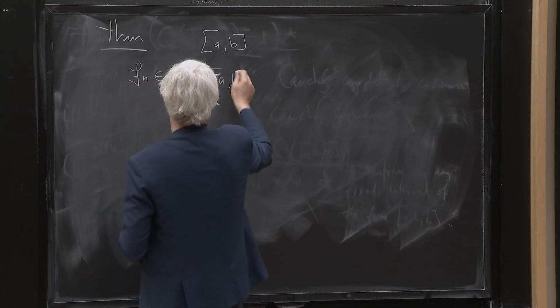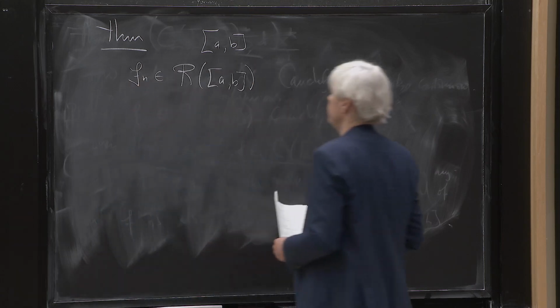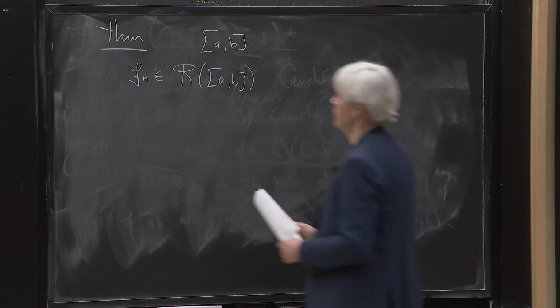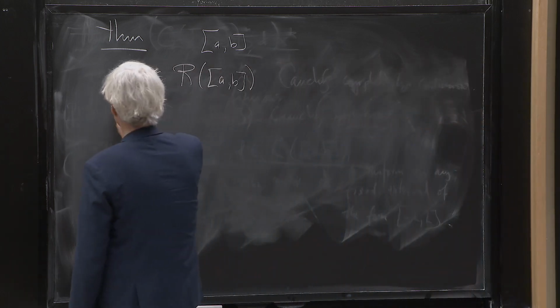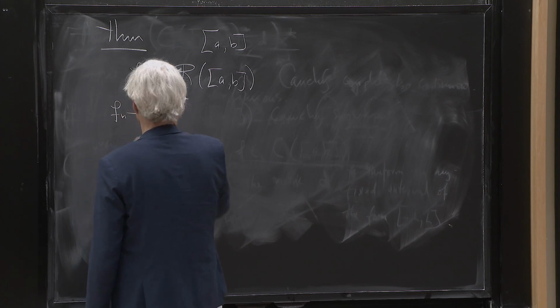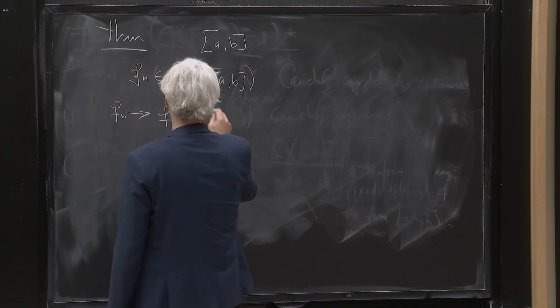They may not be continuous, they're just integrable. So in particular, they are bounded. And then I have that Fn converges to F uniformly.